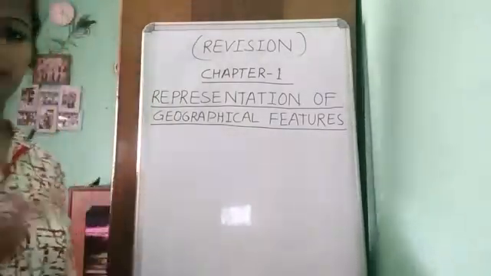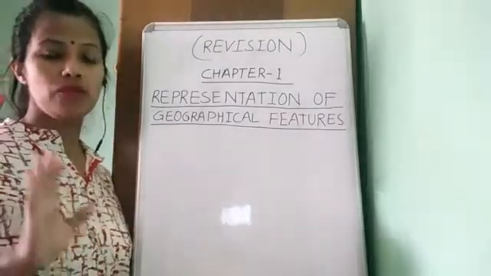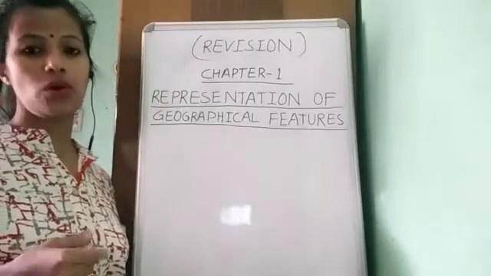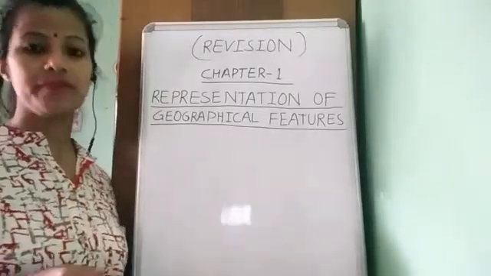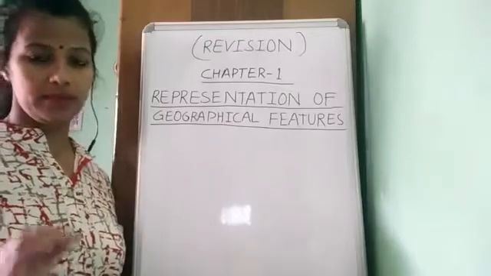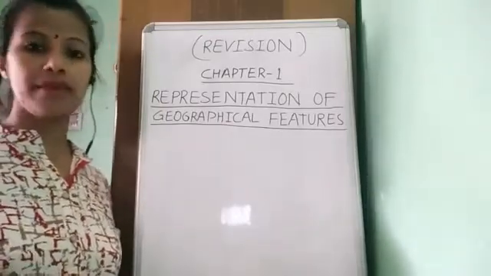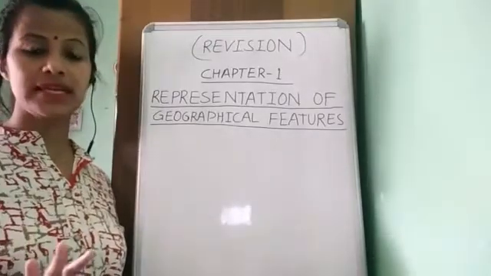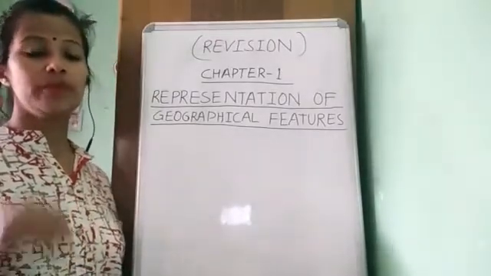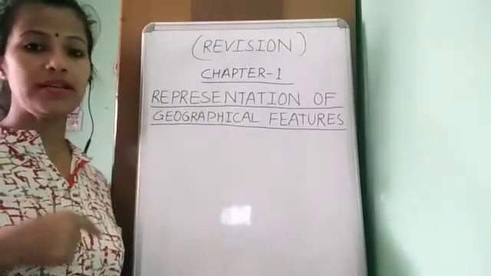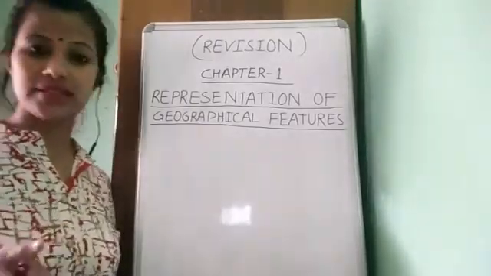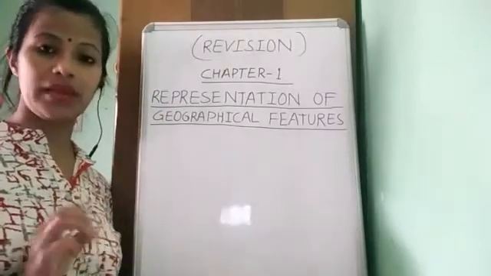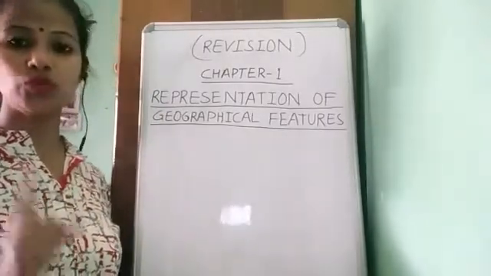Before revising the chapter, I must tell you one thing. Students, send the assignments or homework regularly, because for the half yearly exam you will be getting marks out of 20. 19 are for assignments, and 1 mark will be given by me, as teacher's assessment. 19 plus 1, 20.